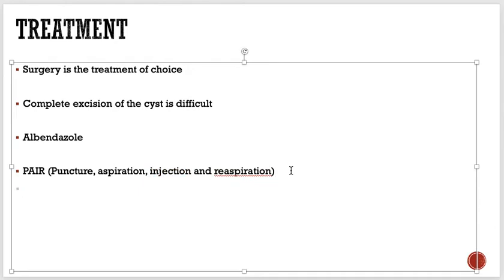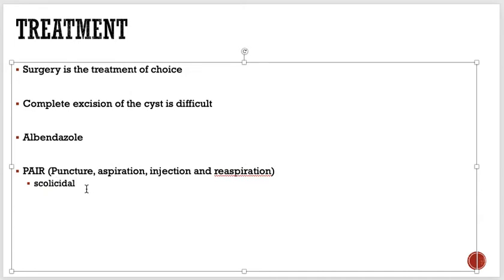What is scolicidal? Like insecticidal, which kills insects, scolicidal is something which is going to kill those scolices.